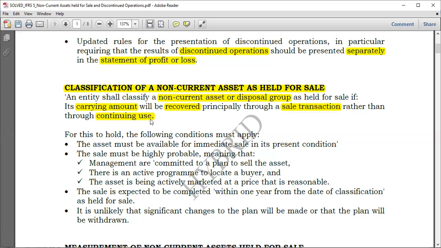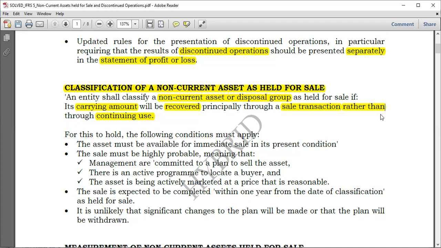All right. So we say that that one is true if its carrying amount will be recovered principally through a sale transaction rather than through continuing use. If you determine the value in use, you take cash flow at the end of year one, cash flow at the end of year two, at the end of year three, and so on, and then you discount them, right? So if we say that it is held for sale, it means that you do not expect to stay with it for a long time, maybe for more than 1 year.